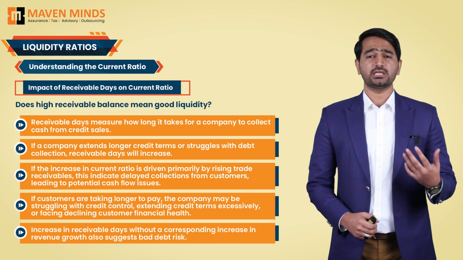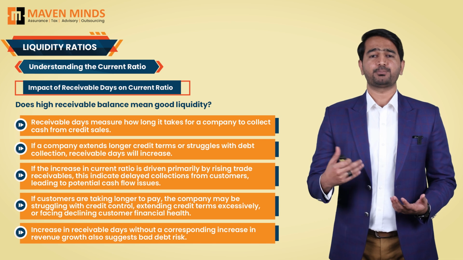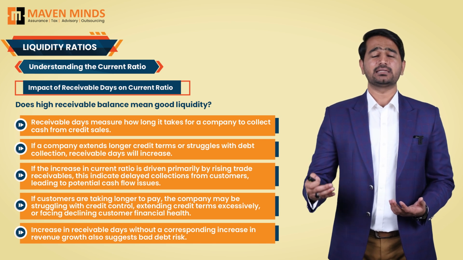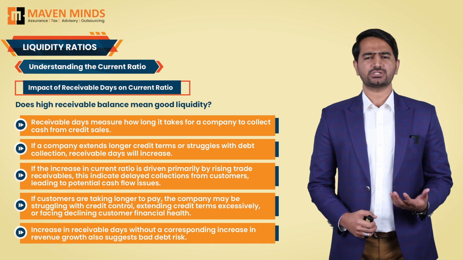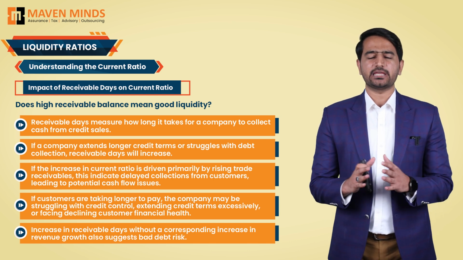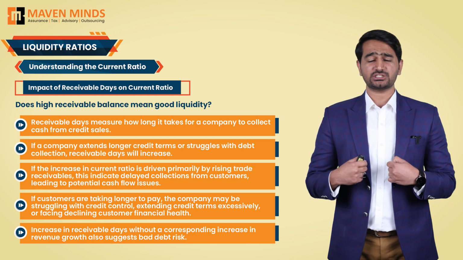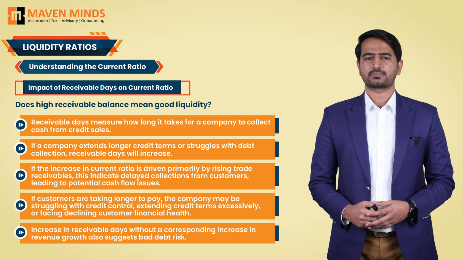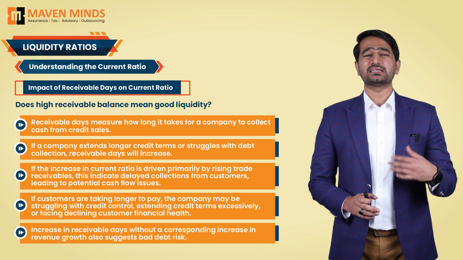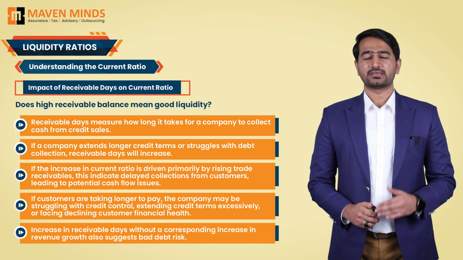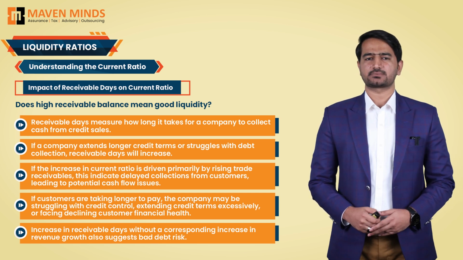This can partially improve current ratio while potentially indicating underlying financial inefficiencies. Receivable day measures how long it takes for a company to collect cash from their credit sales. If a company extends longer credit terms or struggles with debt collection, receivable days will increase.